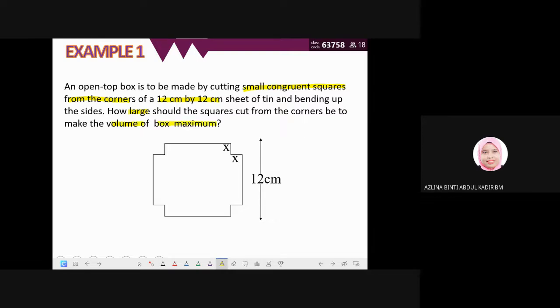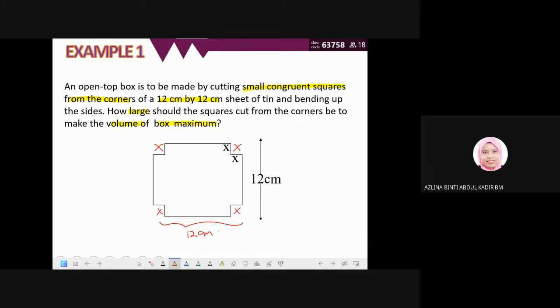Okay. So sekarang ni kita ada sheet of tin. Okay. Square lah ni. Square. So 12 by 12 lah. Right. So sini pun dia akan jadi 12 juga. 12 centimeter. So dia nak cut for each corner ni. 1, 2, 3, 4.